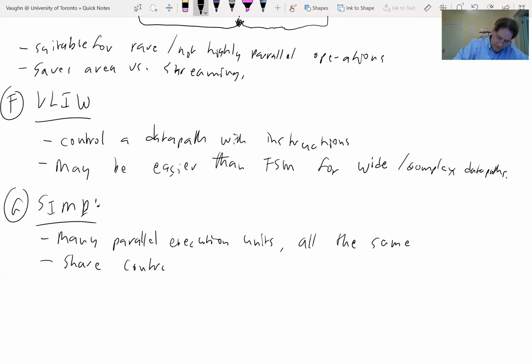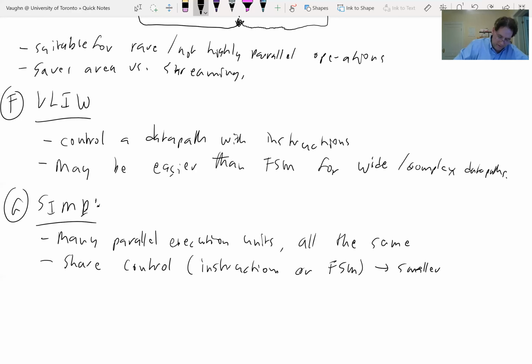So if I can organize my data path so that I have a whole bunch of execution units that all use the same instruction, I can share control, and that could be an instruction stream, or it could be a finite state machine. So we can have a finite state machine that's producing control signals and just have those broadcast to a bunch of execution units. So it's smaller, right? We're going to save area by doing that.